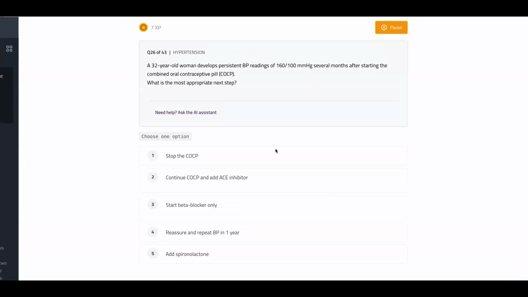Stop the COCP. Agree, everyone? The blood pressure reading came as hypertension, 160 over 100, at age 32, which means secondary hypertension, right?